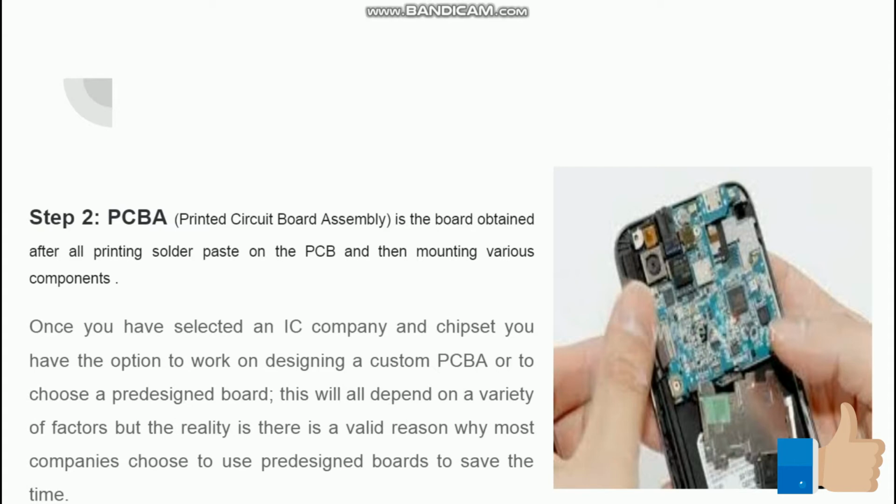First, they can make a custom board themselves, exclusively for themselves, or they can choose from a pre-designed board. This choice depends on a variety of factors, but there is a valid reason why most companies generally opt for pre-designed boards, obviously to save time.